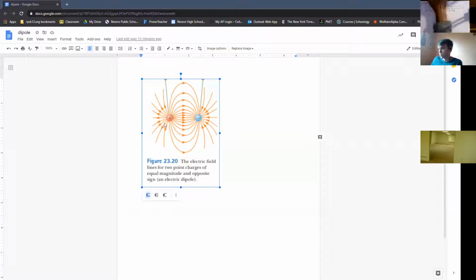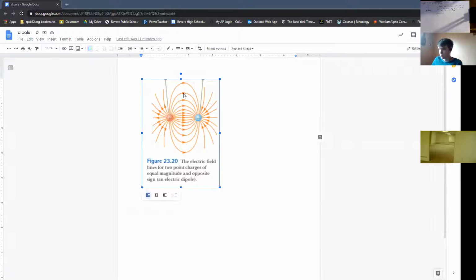So if we want to figure out what the electric field is somewhere on the y-axis, right above the origin, can we make a good prediction about what direction the electric field is going to be? It's going to be towards the negative, towards the blue.